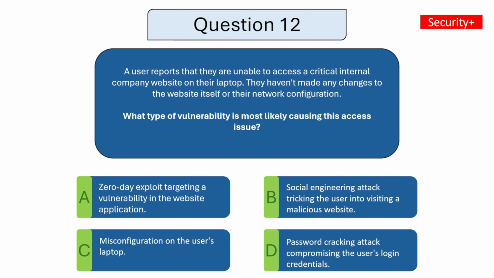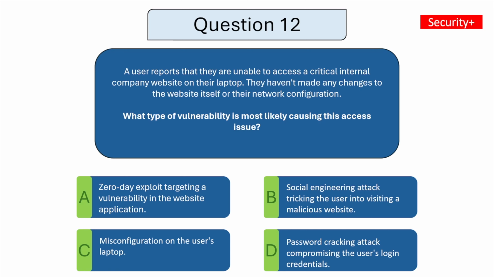For C, it specifically says no changes made to the website or the network configuration, but it doesn't say they didn't change the laptop settings. So I'm just gonna base a real life scenario around this one, which is a really bad habit to do with CompTIA exams, but I'm gonna go with C, misconfiguration on the user's laptop.